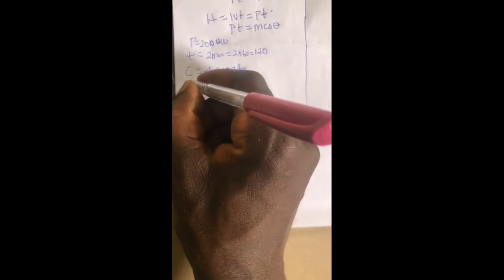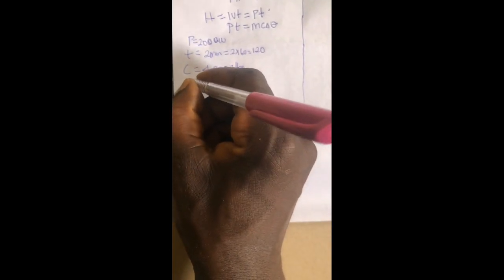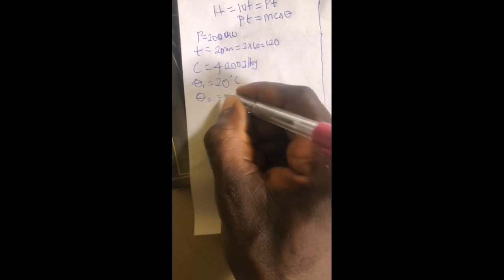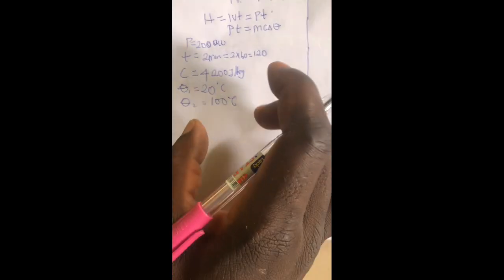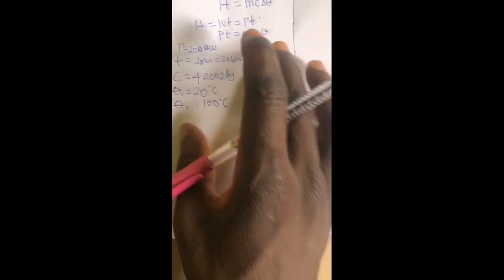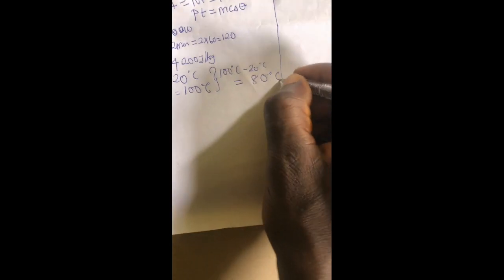Water starts boiling at 100 degrees Celsius. So from the equation, theta 1 is equal to 20 degrees Celsius and theta 2 is equal to 100 degrees Celsius, because this is the temperature at which water starts boiling. Because in this case we are dealing with water, we use this. So let's proceed. 100 degrees Celsius minus 20 degrees Celsius, we will have 80 degrees Celsius.